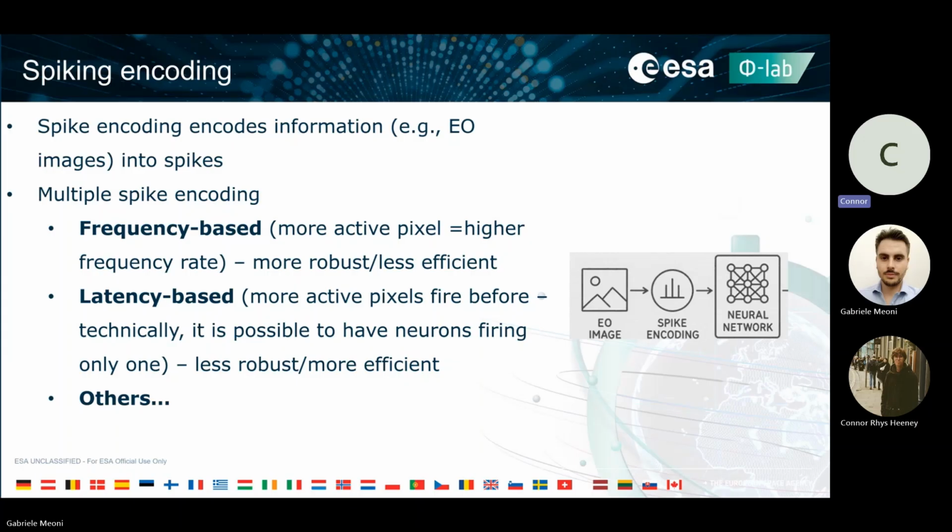Here, you might have actually only one spike, because you encode the information on the latency of the spike. So the more excited the neuron is, the earlier it fires, and you can have only one spike per pixel. That means very sparse computation. That means very energy efficient. Typically, they work very badly.